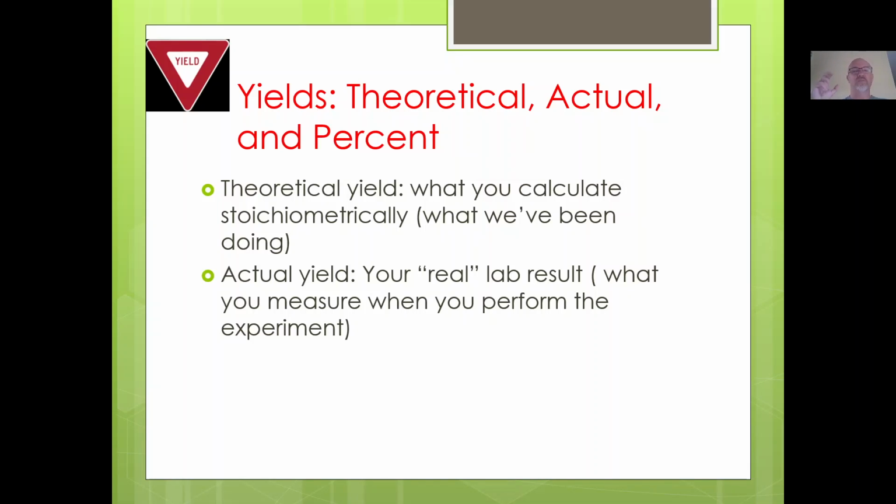So you have your real lab result. Then we calculate, well, what's the percent of what we should have gotten? How does our actual compare to our theoretical, I should say? So it's the actual divided by the theoretical, and then to make it a percentage, we move the decimal over 2 places, multiply by 100.